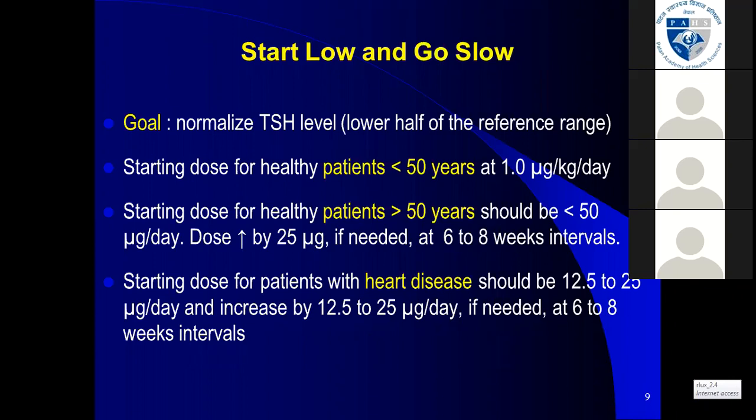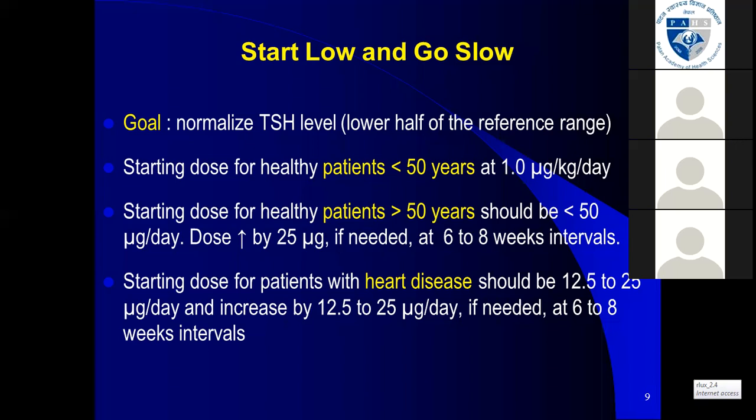In the initiation of thyroxine, we have to start low and go slowly up. The goal, as I mentioned, is to normalize the TSH level. We have to keep the TSH level in the lower half of the reference range.